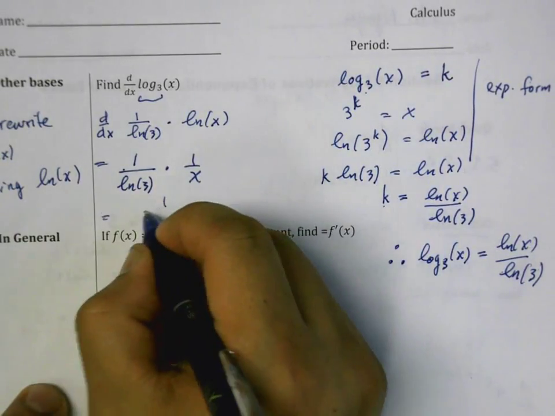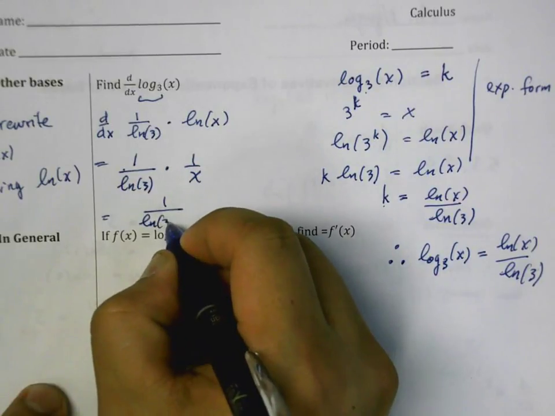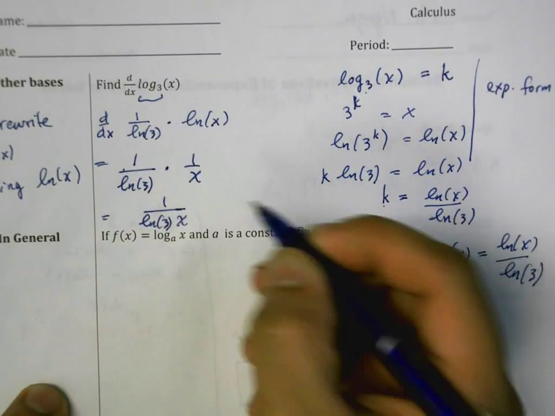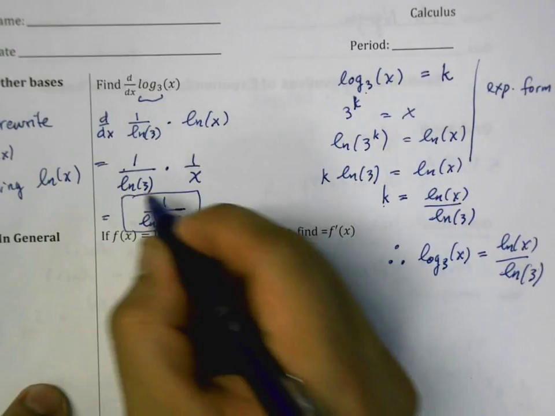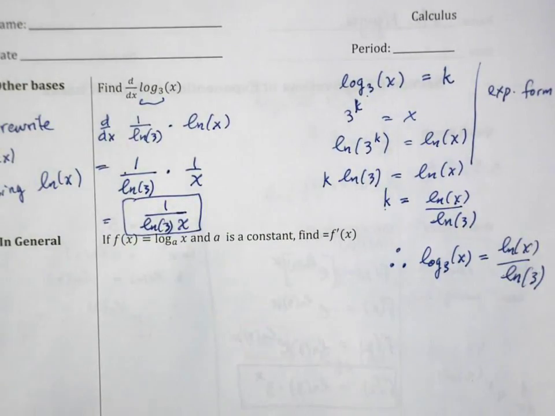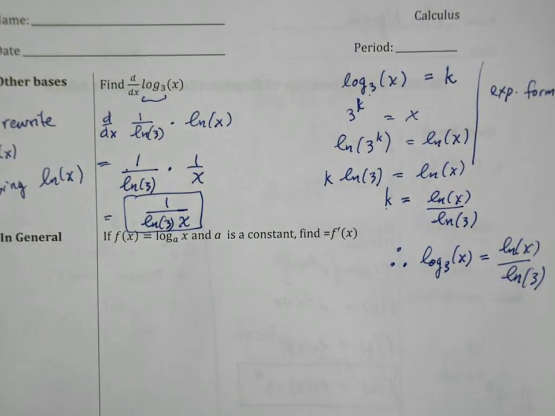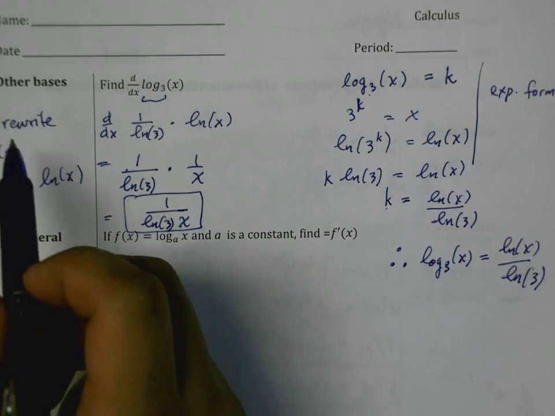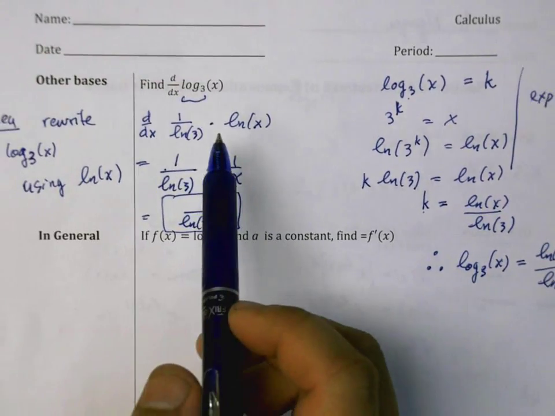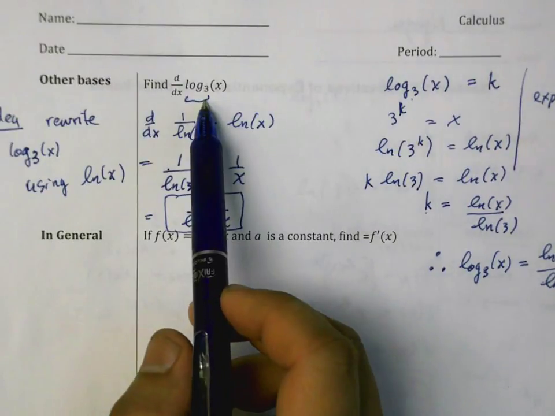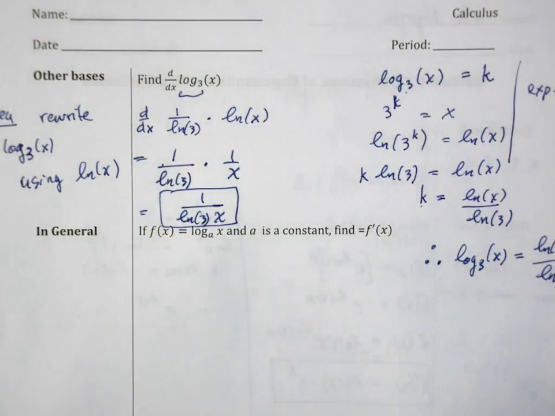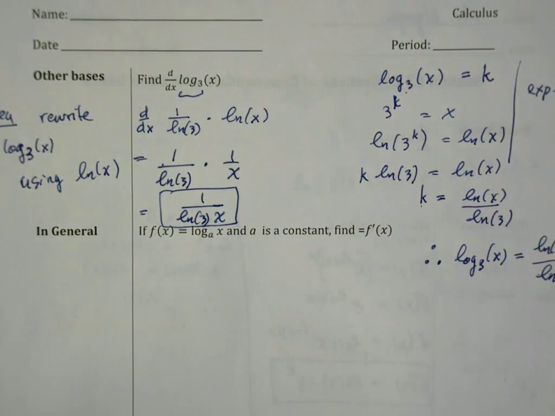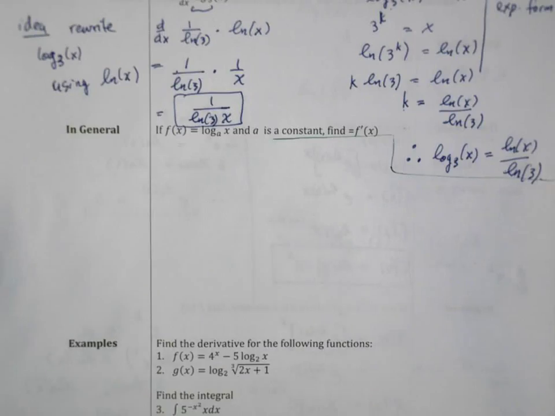So that's equal to 1 over natural log of 3 x. So there you have it. That's the answer to this particular question. And the idea is you have log base 3 and we rewrite it using natural log. And that's mostly all there is to it.